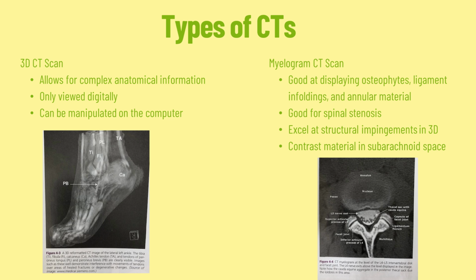It is good for any spinal stenosis, again, because that contrast agent is put into the subarachnoid space, so we're going to get a better view anytime there's a contrast agent put into the imaging. And they excel at looking at structural impingement in the three-dimensional form. So these myelograms are going to be more for those ligament infolding, osteophytes, spinal stenosis type of issues.